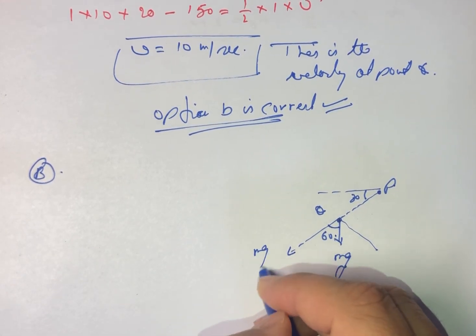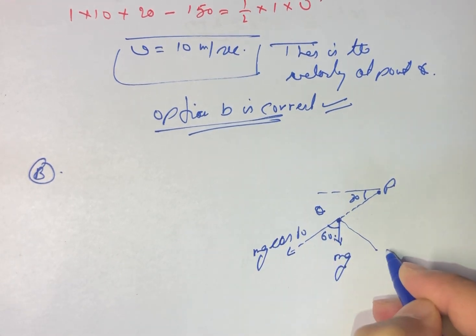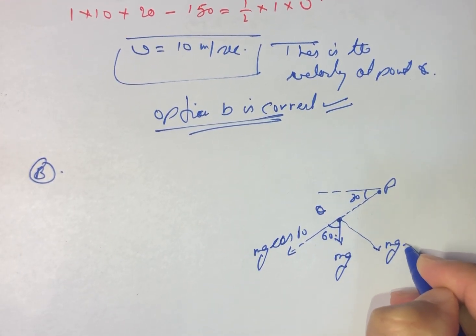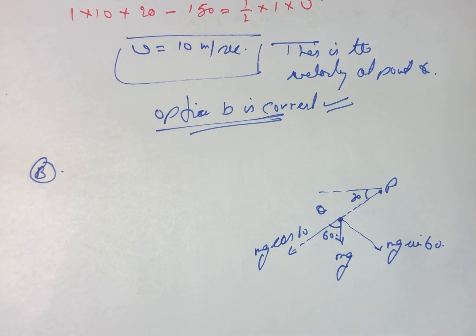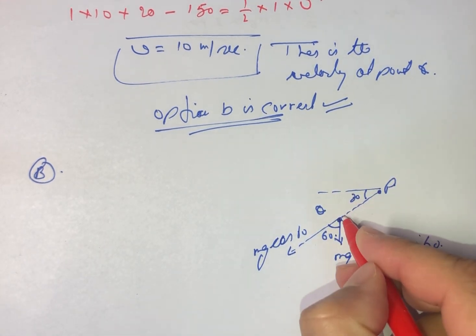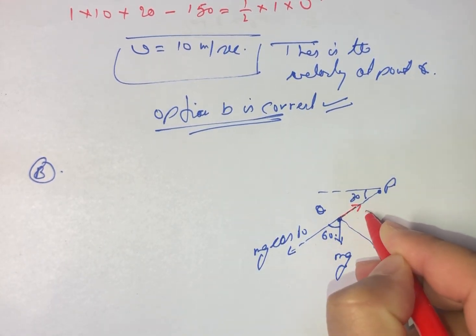This will be mg cos of 60, and this will be mg sine of 60, and there will be the normal n.